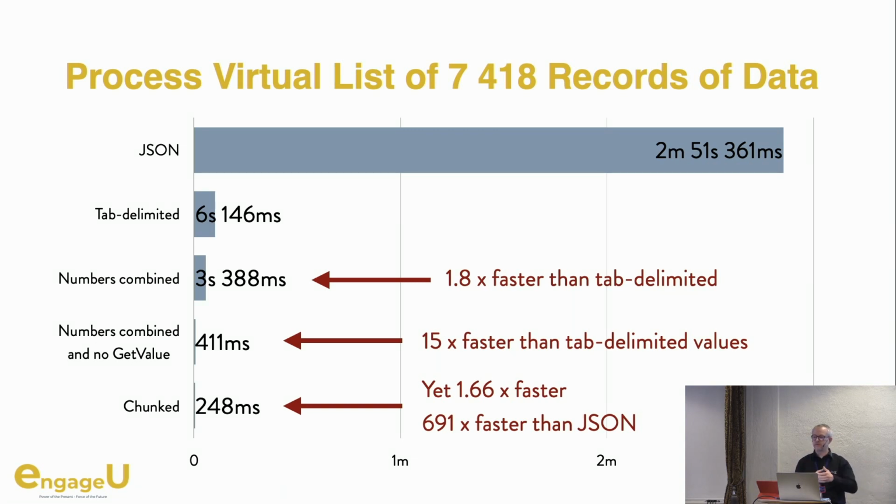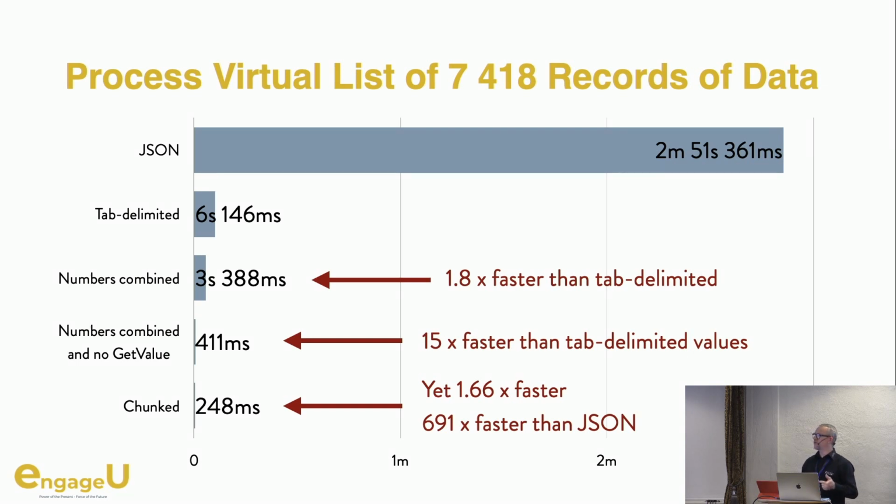And in this case, I was working with about 7,000 records and 5 fields. So if you work with more fields, like if you're displaying some financial information, where this can be applied quite easily, you can get significant speed improvement by combining numbers into one instead of using tab delimited values.